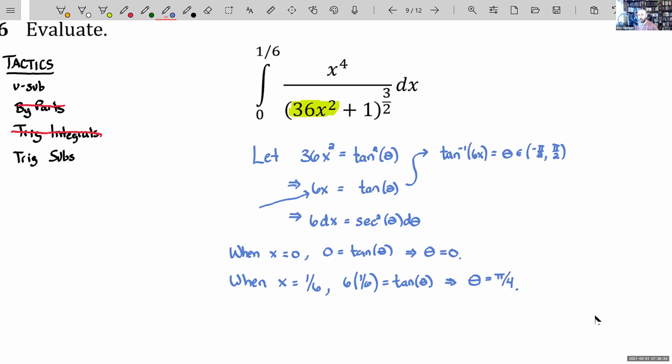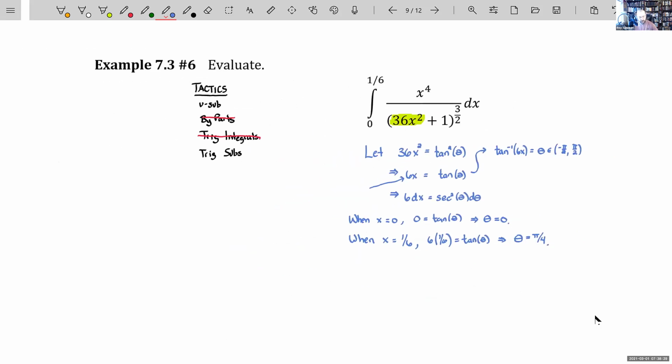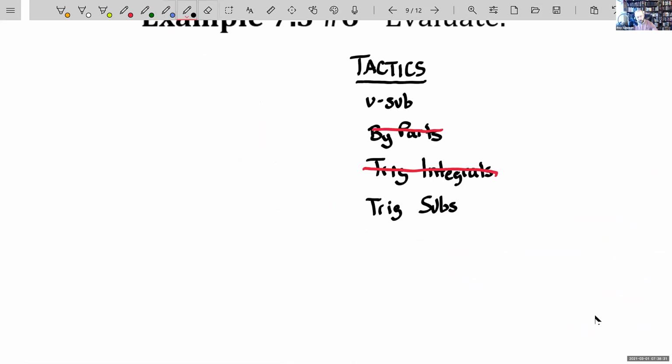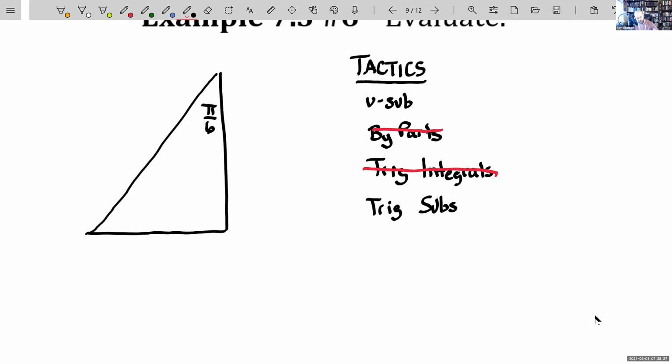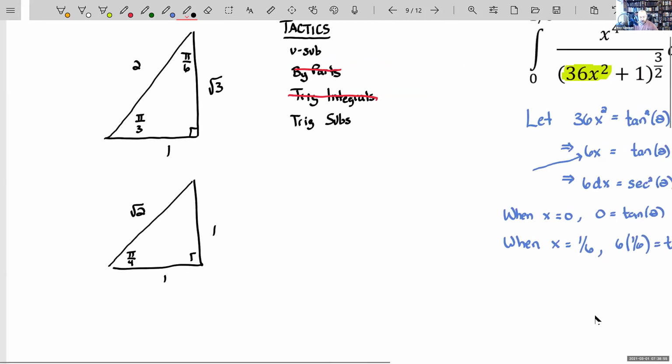And if you feel shaky with it, which is totally fine for right now, you might want to just draw your special triangles on each homework you work on, and that will at least help you out when you need to find what angle you would plug into the tangent to get an output of 1. Tangent is opposite over adjacent.